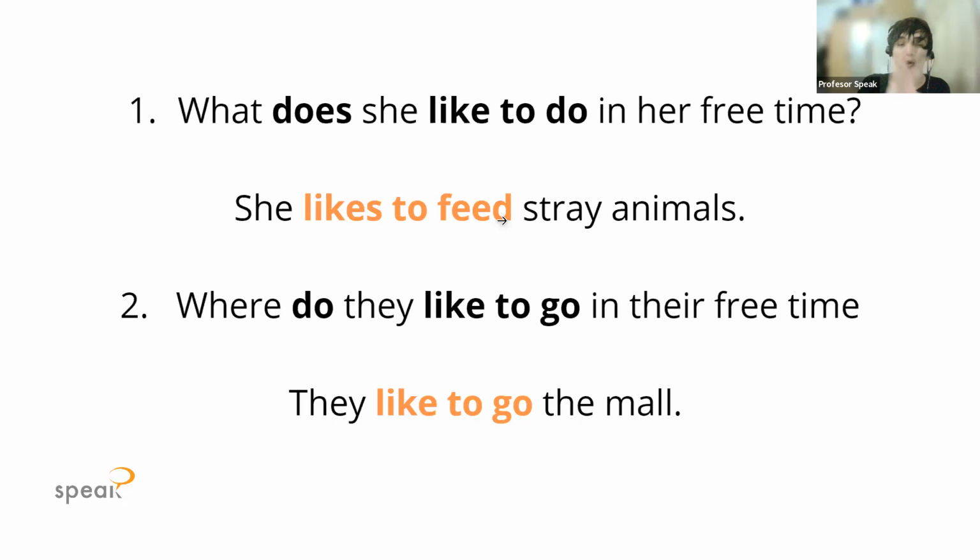Because we are using the auxiliary does, I have my S here. So does is helping my verb. Even though it is third person, she, he, it, or any singular noun, we are going to use the base form verb because does is already modifying my verb.